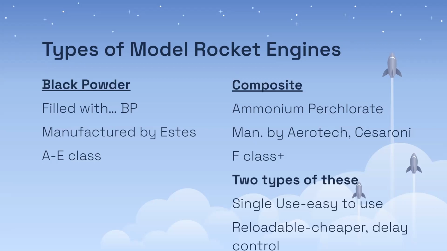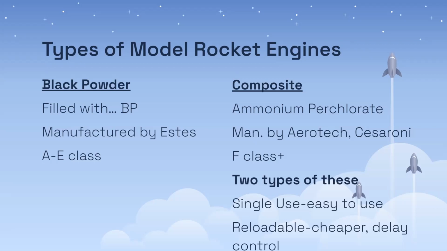The downside is that they tend to be a bit more expensive, by $1 or $2, depending on where you buy your motors. But that's kind of a personal preference as to whether you value easy to use or more affordable.